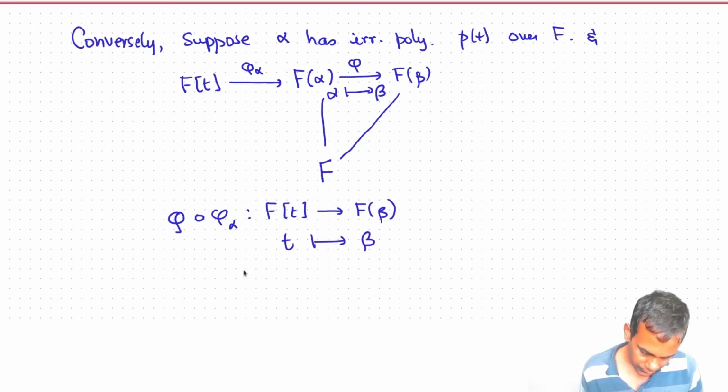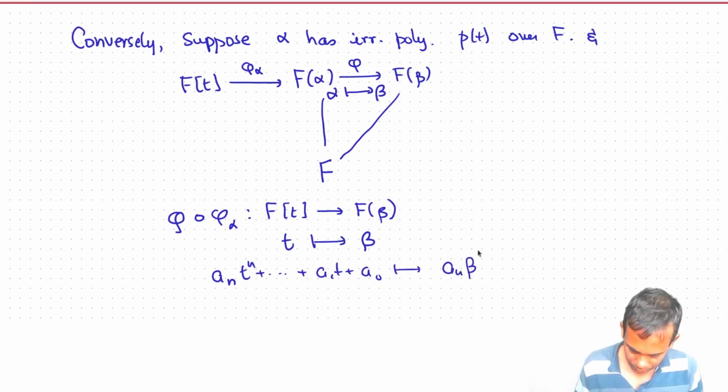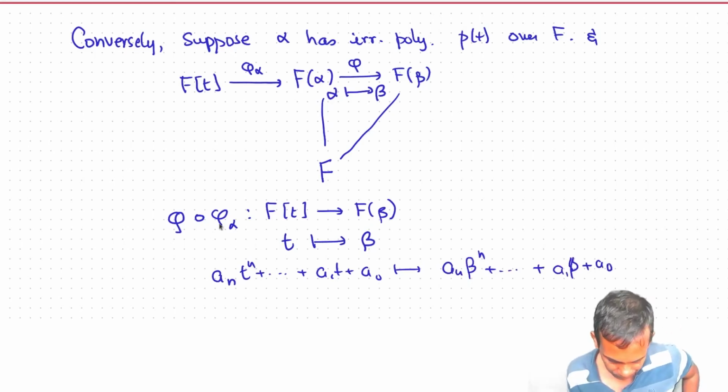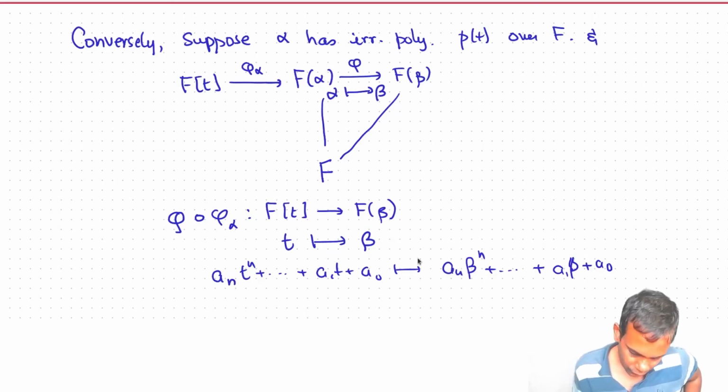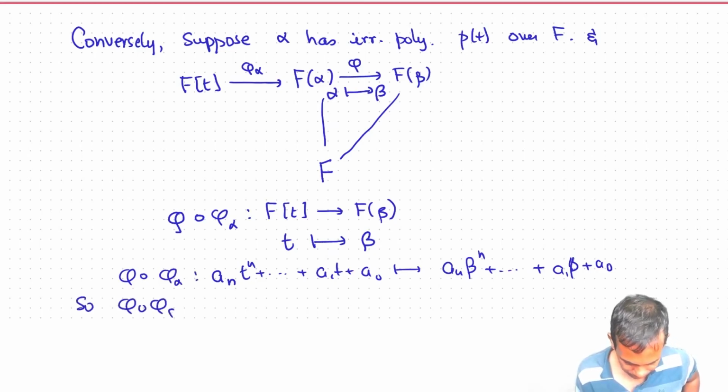Since it's a ring homomorphism, it also takes a_n t to the n plus ... plus a1 t plus a0 to a_n beta to the n plus ... plus a1 beta plus a0. So this gives rise to a map from F[t] to F(beta), but you recognize this as the map where you're substituting for each polynomial the variable t to be beta. So what we have is that phi composed with phi alpha is just phi beta.